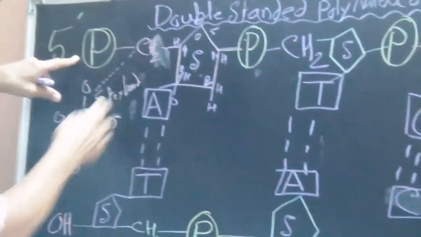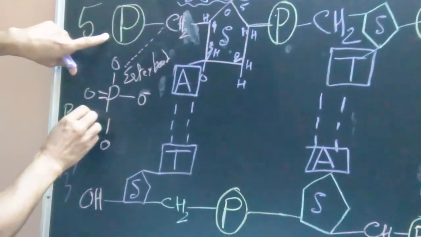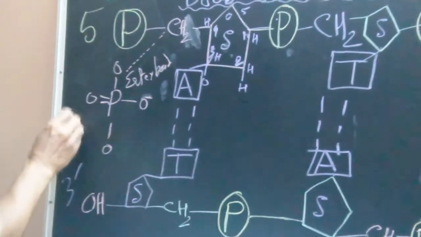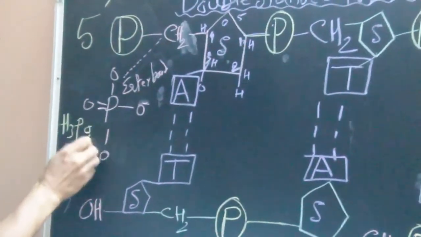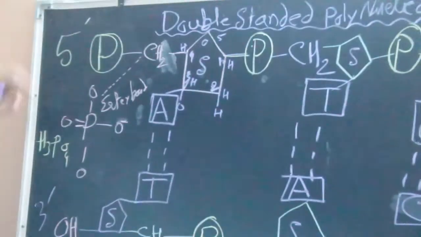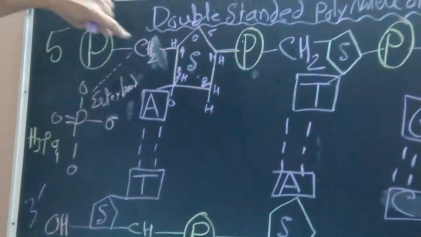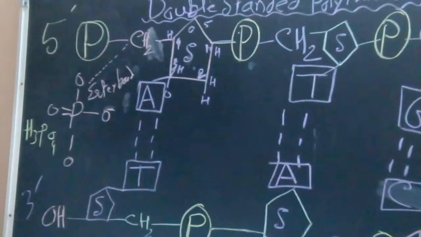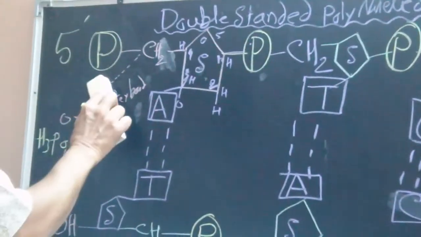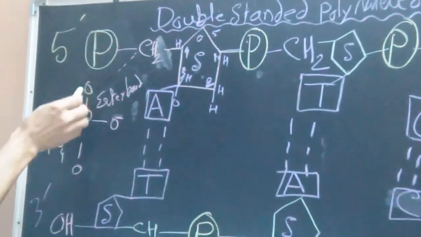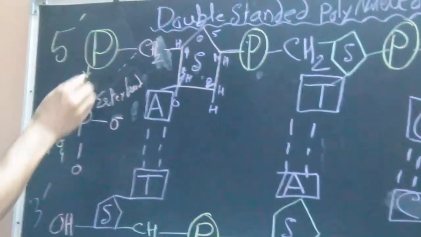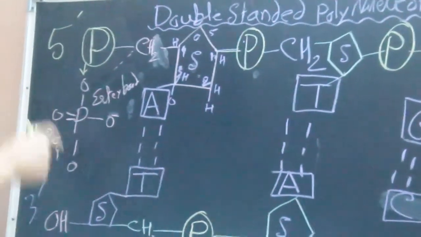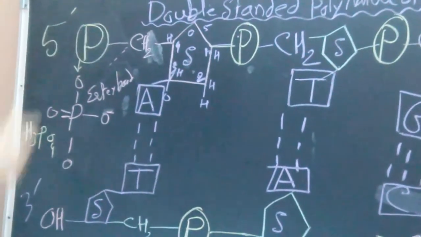Because the formula of phosphoric acid is H3PO4. Here only 2 H are left, but another H is there. It is common. So H3PO4. This is looking like this. I draw it here. This one is dotted. There is PO4. Hydrogen is 3.